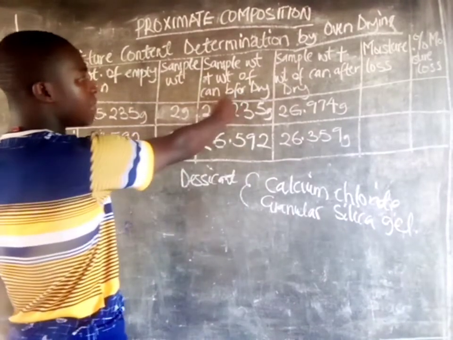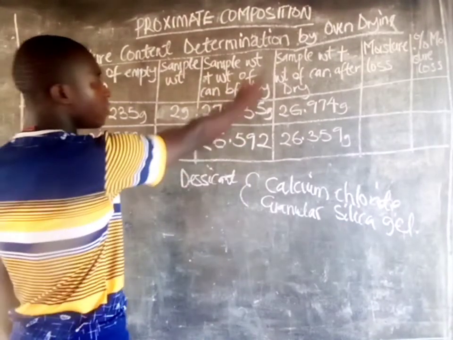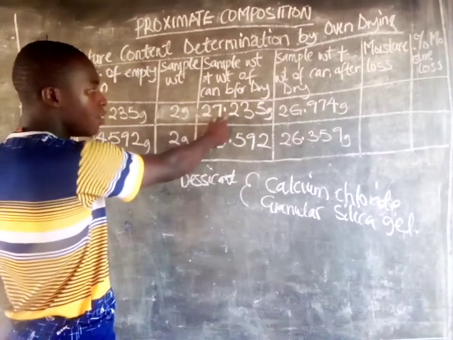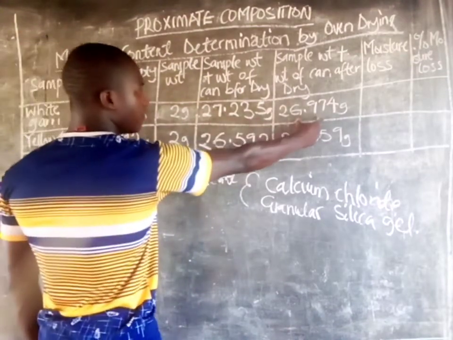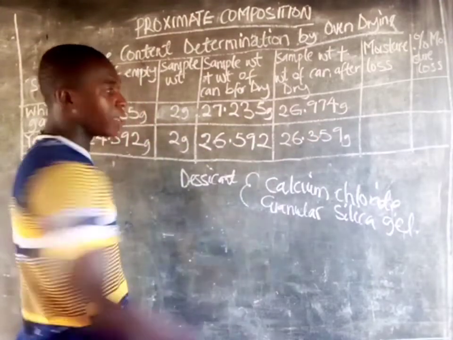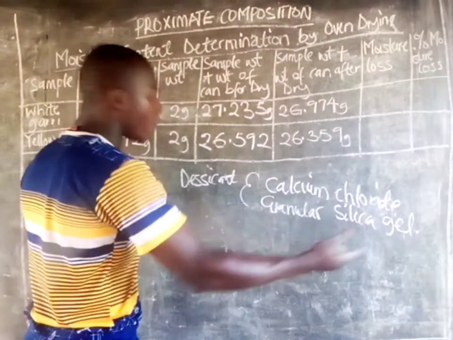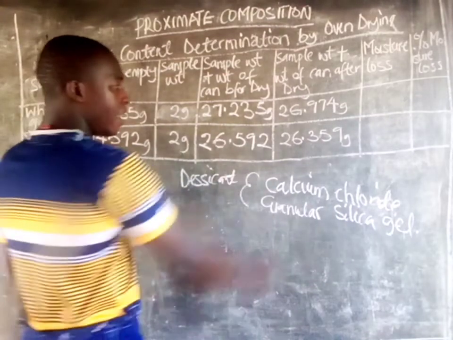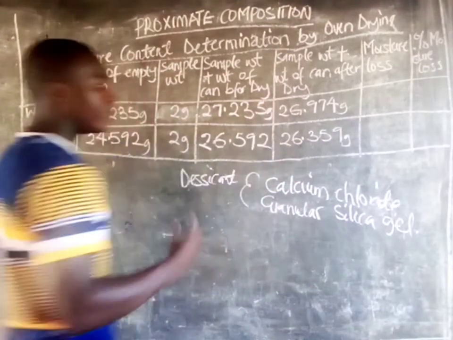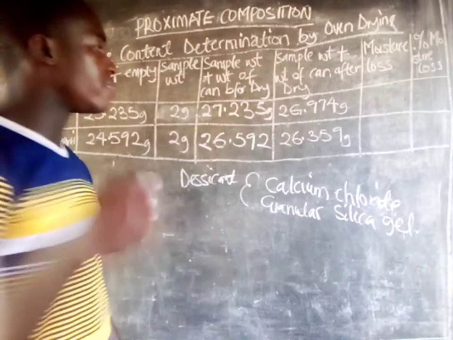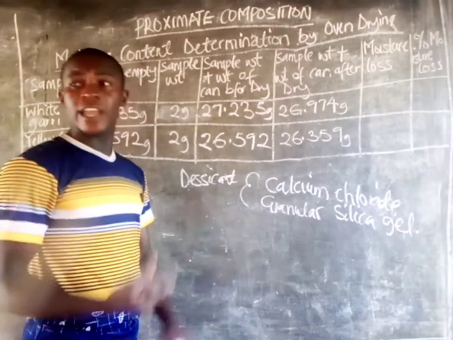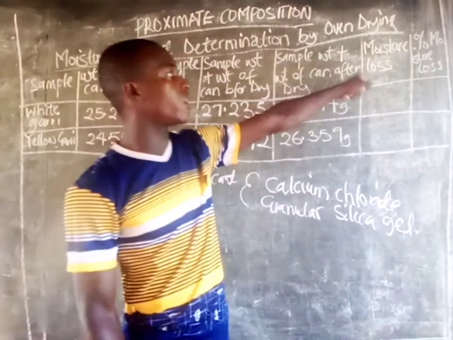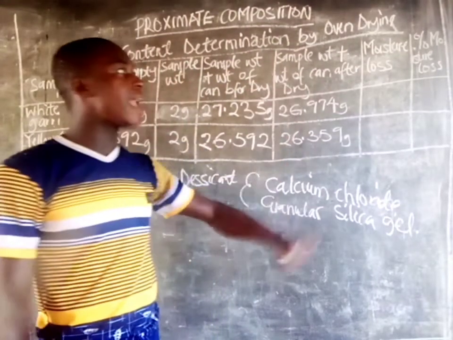The weight of the can plus the sample before drying for white Gari was 27.235, and the result after drying is 26.974. For yellow Gari we had 26.592, and after drying we had 26.359.